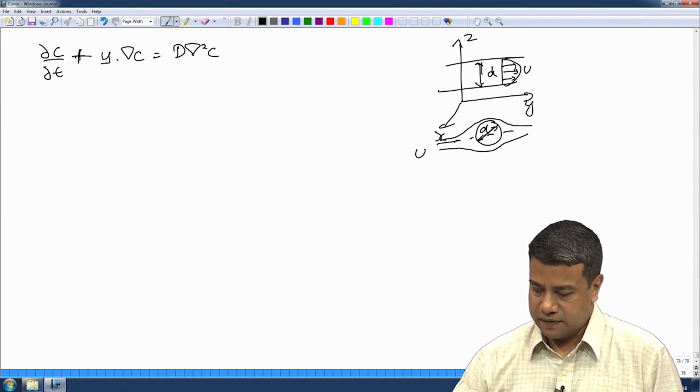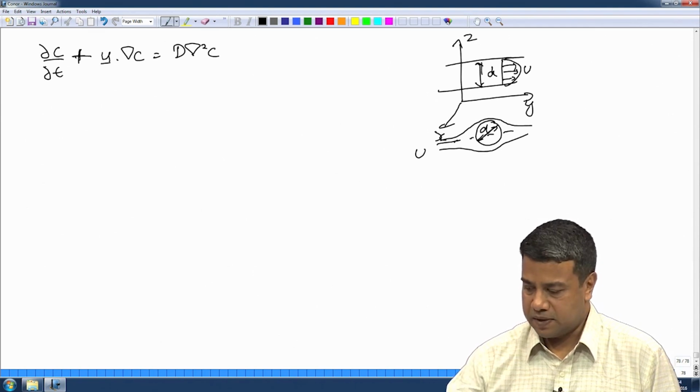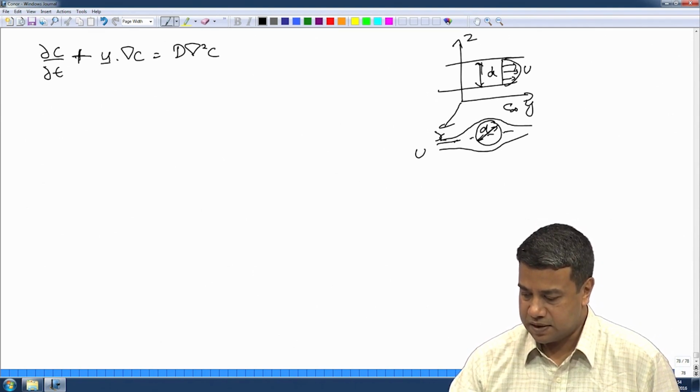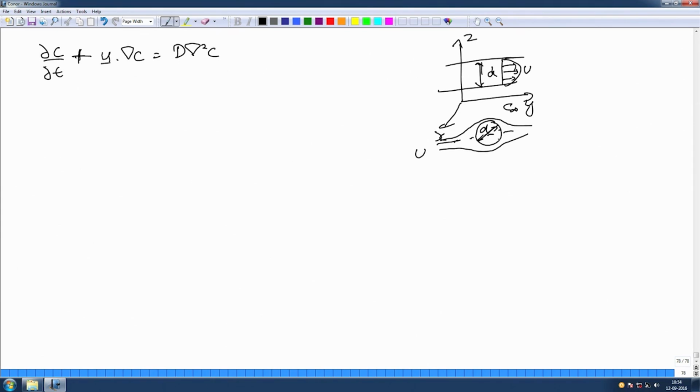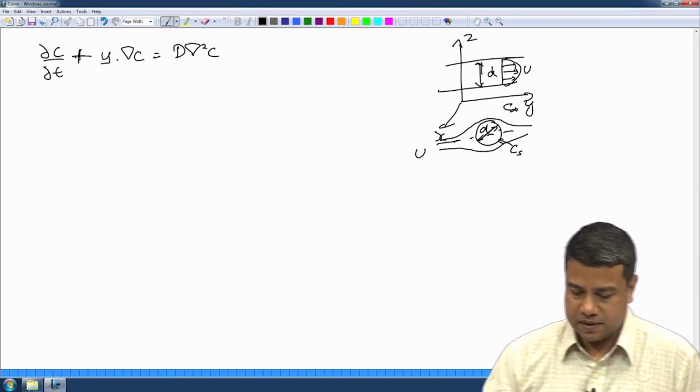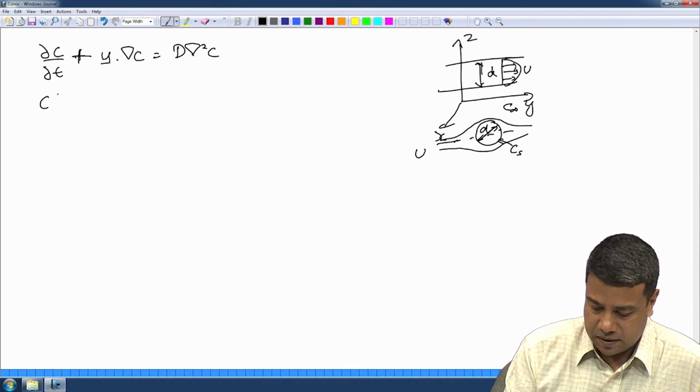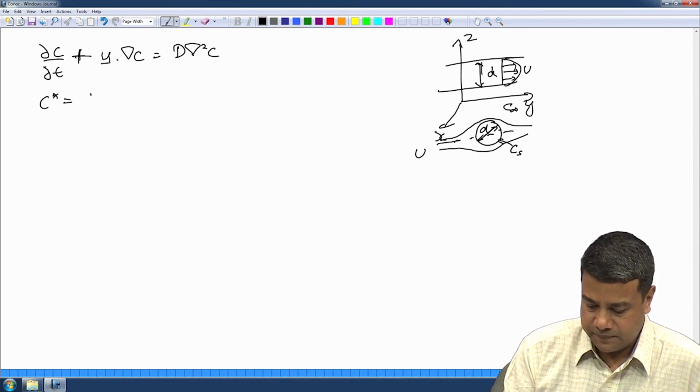And of course, if I have a mass transfer problem where I have concentration C infinity far away and on the surface I have a concentration Cs, as we have been doing in other such problems, one can write down a scaled concentration.